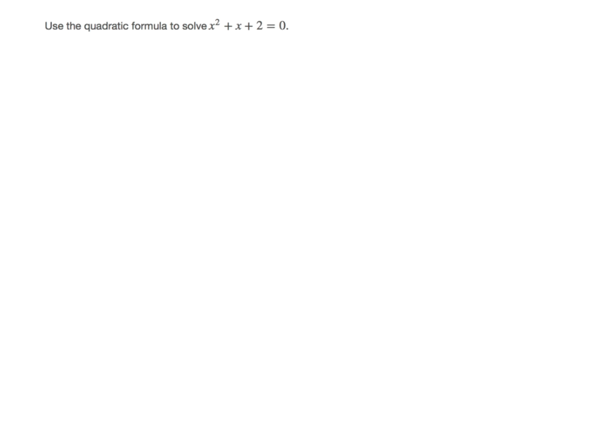Okay, so I'm already in standard form, ax squared plus bx plus c. Here a is 1, b is 1, and c is 2. And I'll just write down the quadratic formula on this page so you have it. X is equal to the opposite of b plus or minus the square root of b squared minus 4ac all over 2a. Okay, so I'm ready to go.